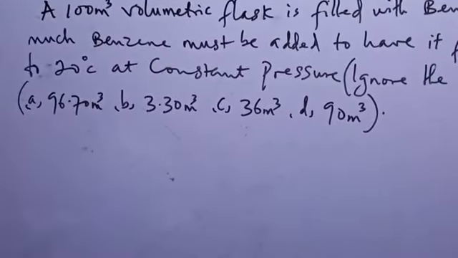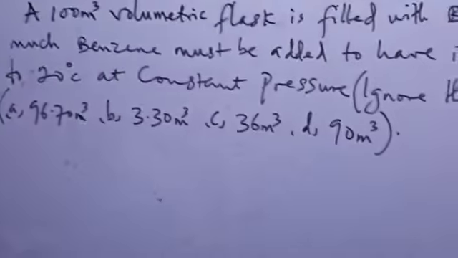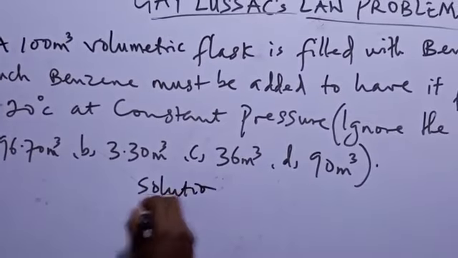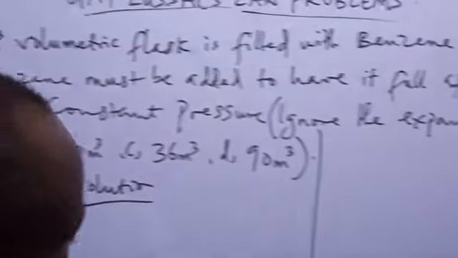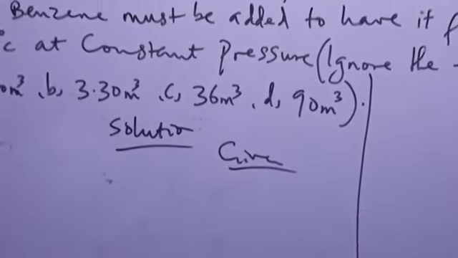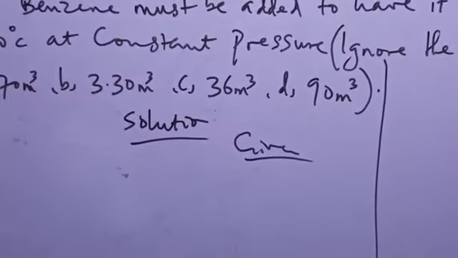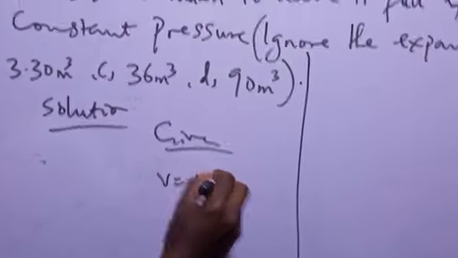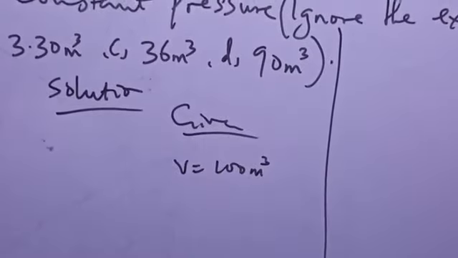Now let's see the one that is likely to be the correct answer. Usually we do the solution by looking at the parameters we are given. We have the volume V1, which is 100 cubic meters.